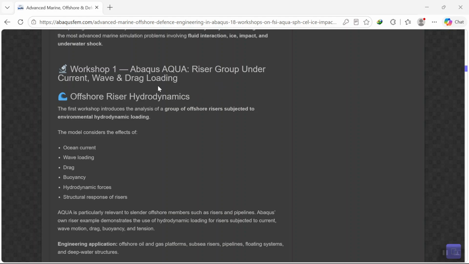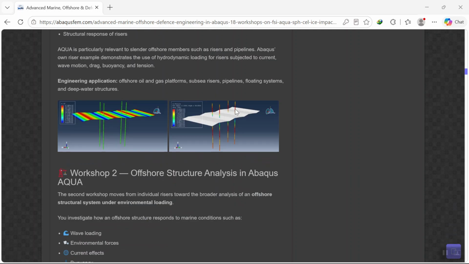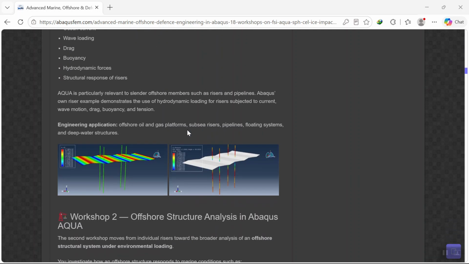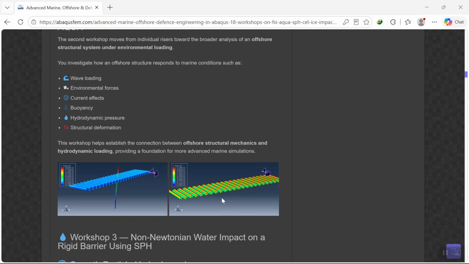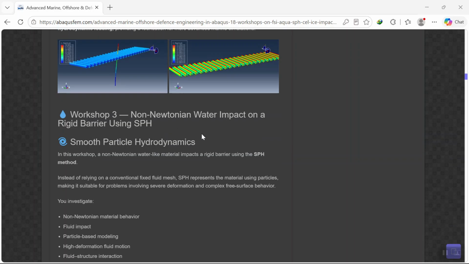Here we have the first workshop in Abaqus AQUA about the offshore risers, the group of offshore risers under the wave and currents in the ocean, in the water, and you can see here the wave and the deformation of the riser. In the second, we have another type of wave, and you can see here the force, the wave, the hydrodynamic pressure, the structure, the deformation, and everything here.